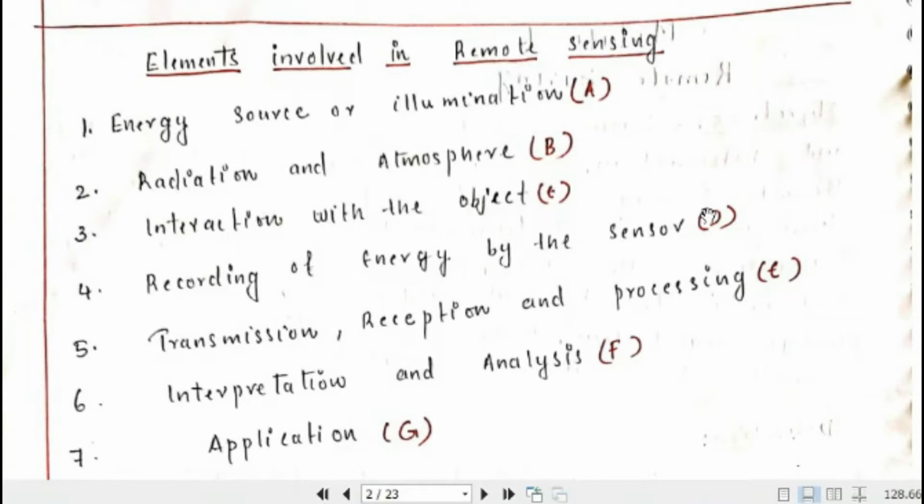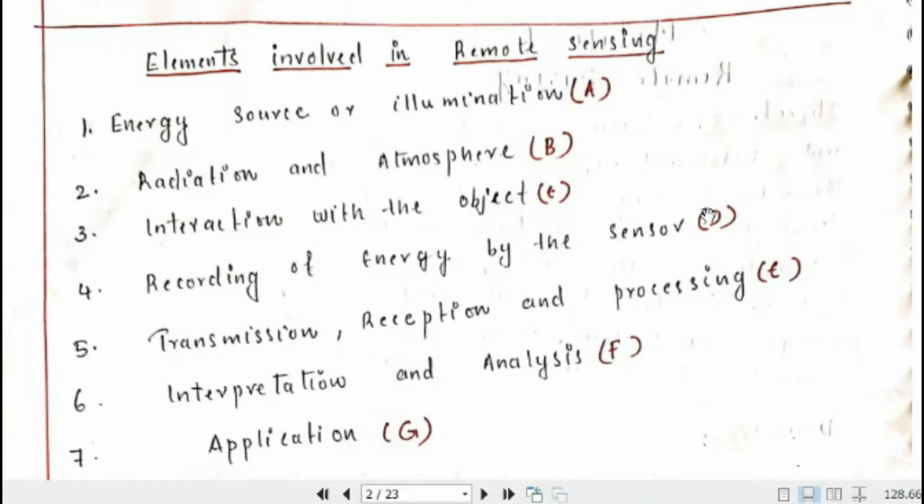about the Earth features. So, based on the energy source itself, we can divide the remote sensing process into two types. One is active remote sensing, another one is passive remote sensing. The passive remote sensing is nothing but the source of light energy is natural sunlight. But the availability of sunlight is only during the day hours.